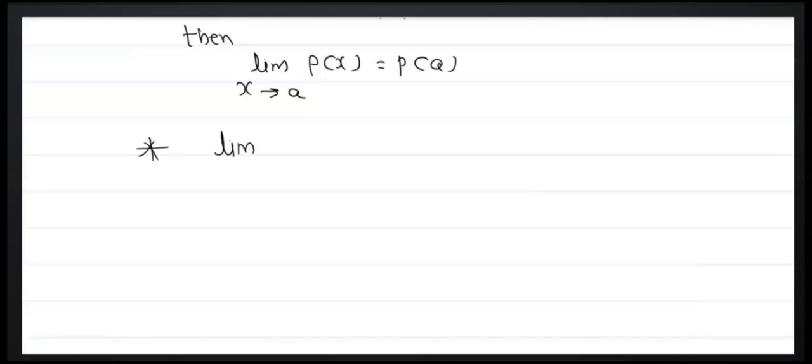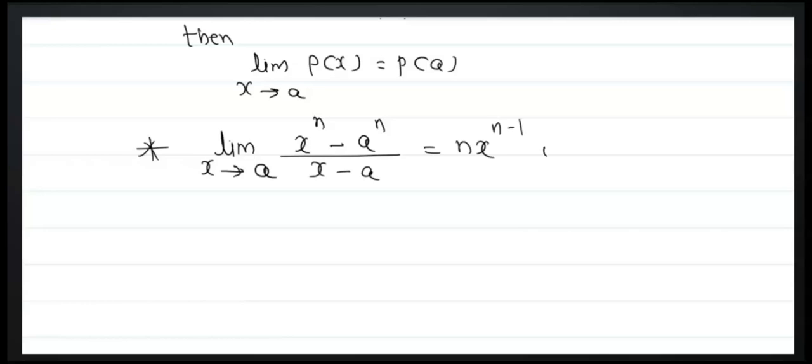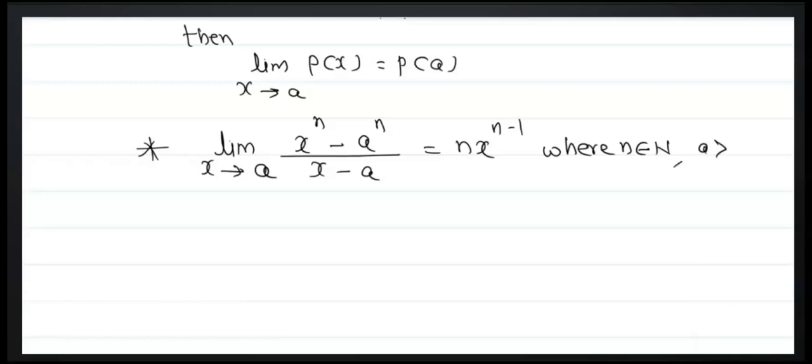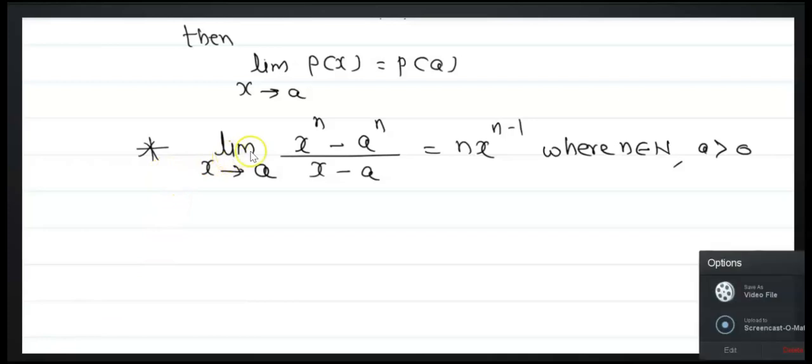Next. This is an important formula. Limit as x tends to a of x raised to n minus a raised to n upon x minus a is equal to n into a raised to n minus 1.